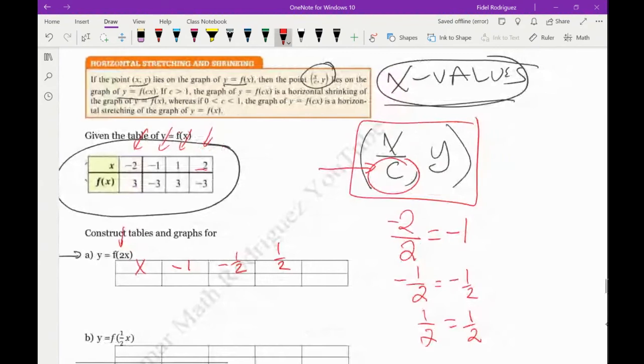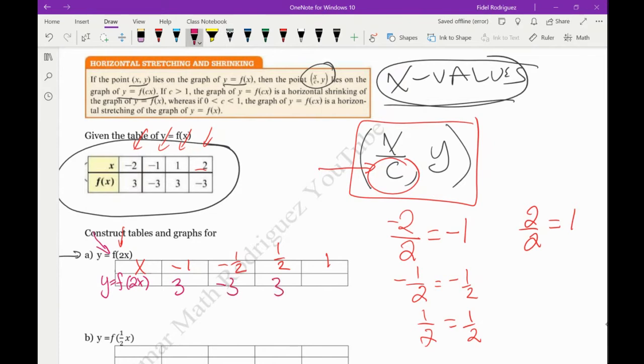And then finally, 2 divided by 2 is 1. Okay, 1. My X values changed. Since there was nothing in front of that f, my Y values stay the same. So that's still going to be a 3. That's still going to be a -3, a 3, and a -3.